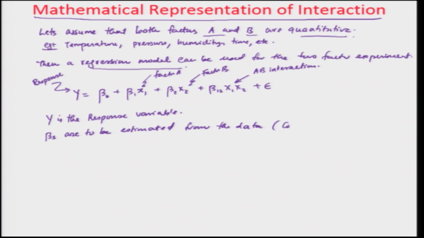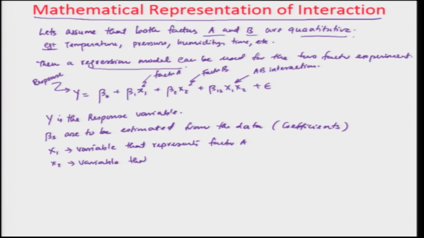These are the coefficients, and variables x 1 represents factor A, x 2 represents factor B, then epsilon is the error term.